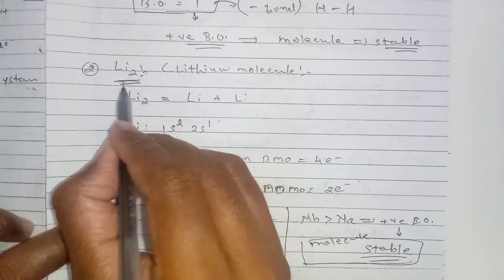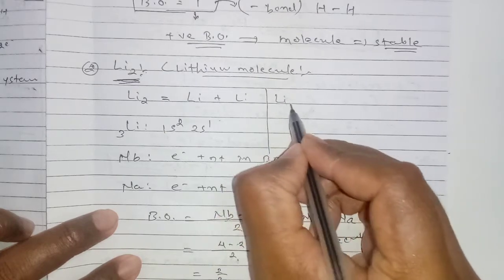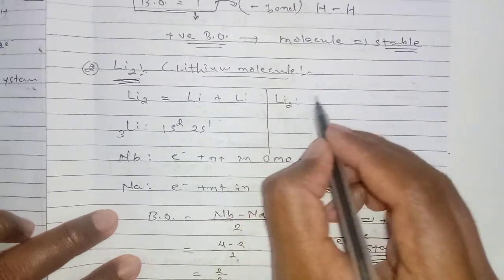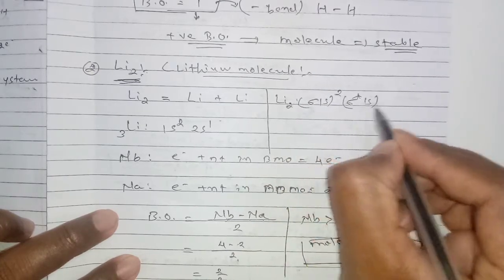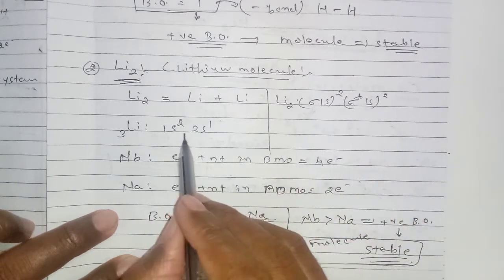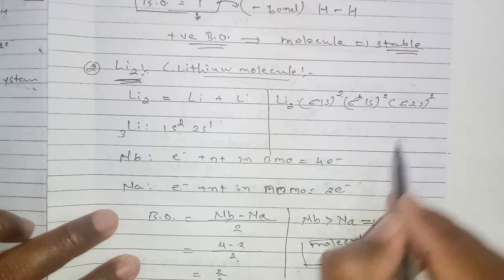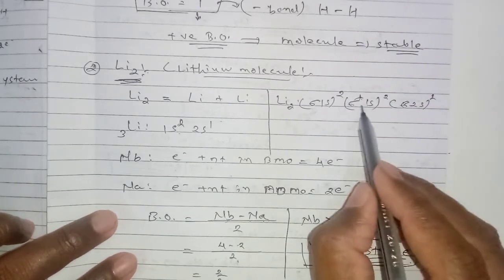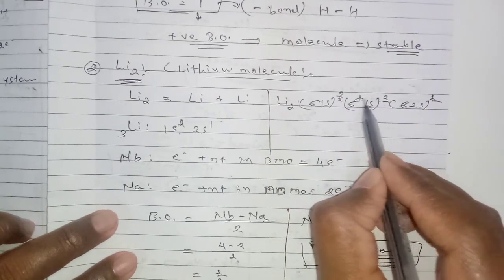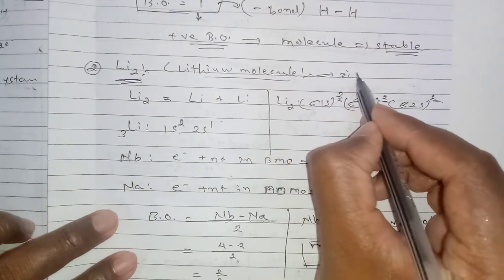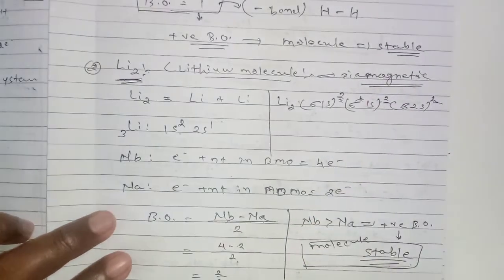Now the Li2 molecule, is it diamagnetic or paramagnetic? In the lithium molecule, sigma 1s2, sigma antibonding 1s2, and sigma 2s, all the electrons are paired, and this is diamagnetic in nature.